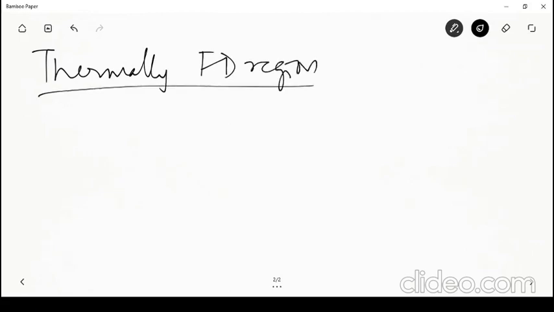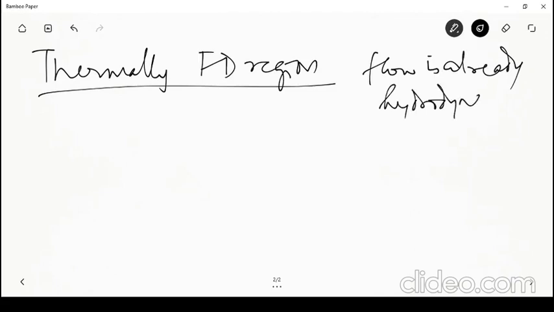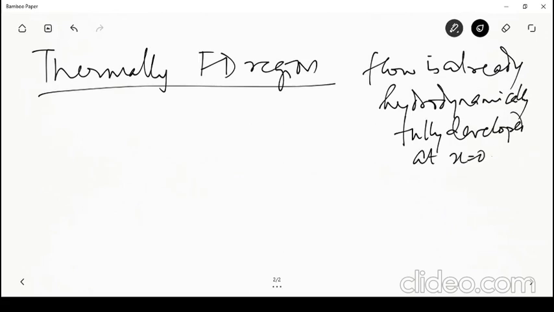So let us first consider the thermally fully developed region. We have said that the flow is already hydrodynamically fully developed at x equal to 0.